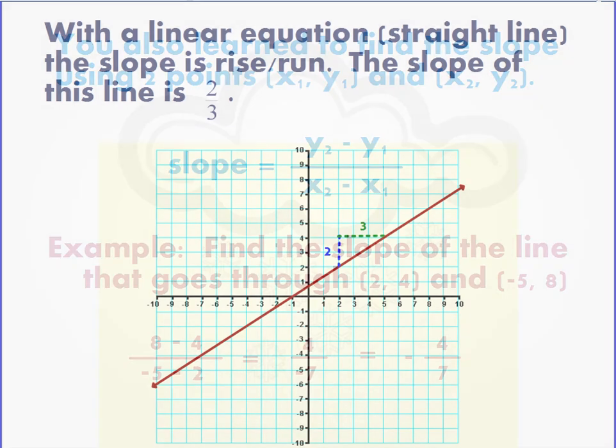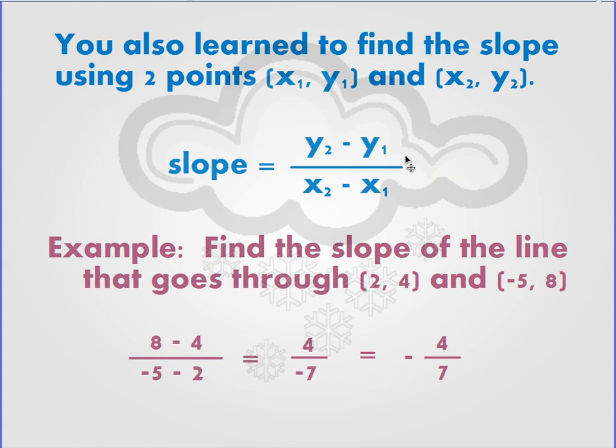If we didn't have a graph, we used the slope formula. y2 minus y1 would give us the change in y over x2 minus x1 for the change in x. When we were given 2 points on a line, but not the line itself, we could plug those values into our slope formula and still find our slope.